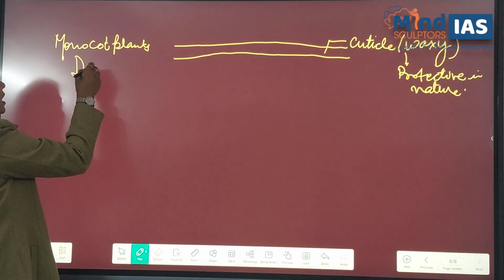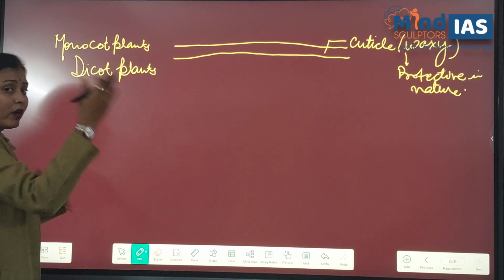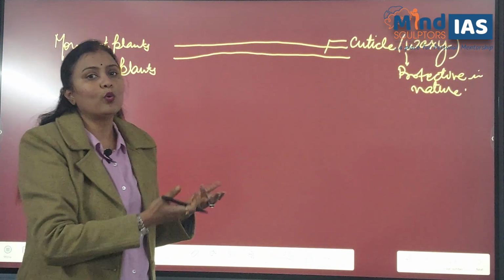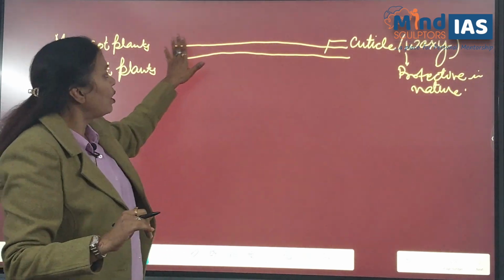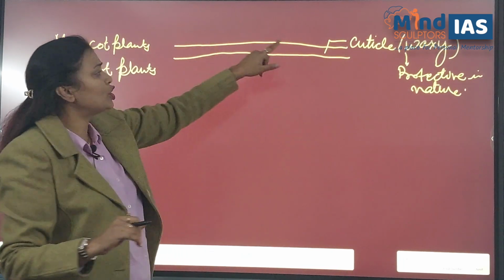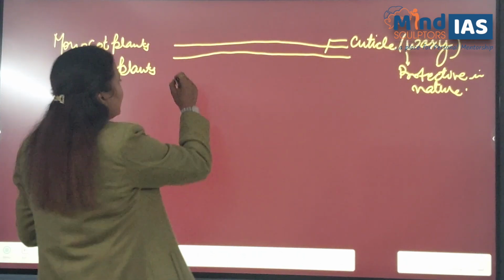But dicot plants have more stomata on their lower surface in comparison to their upper surface.